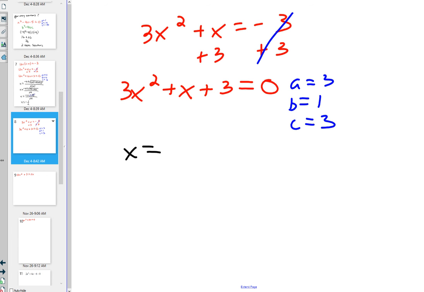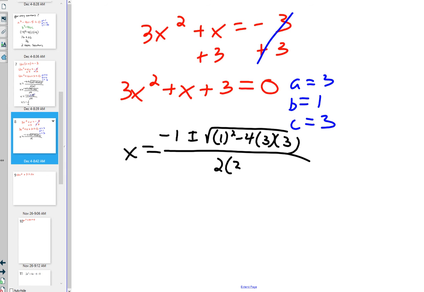So x is equal to, if b is 1, negative 1 plus or minus the square root of 1 squared minus 4 times 3 times 3 over 2 times a, which is 2 times 3.